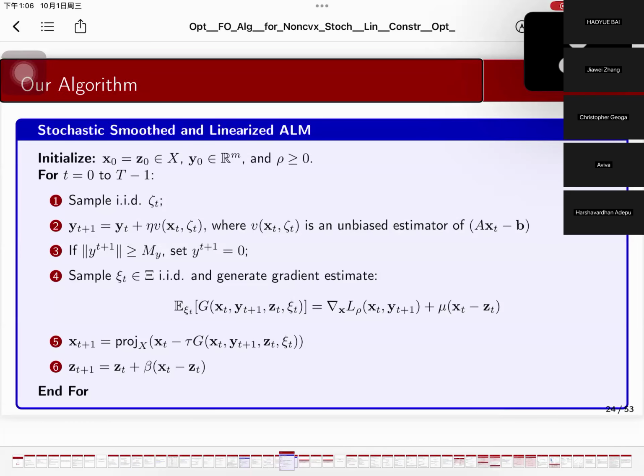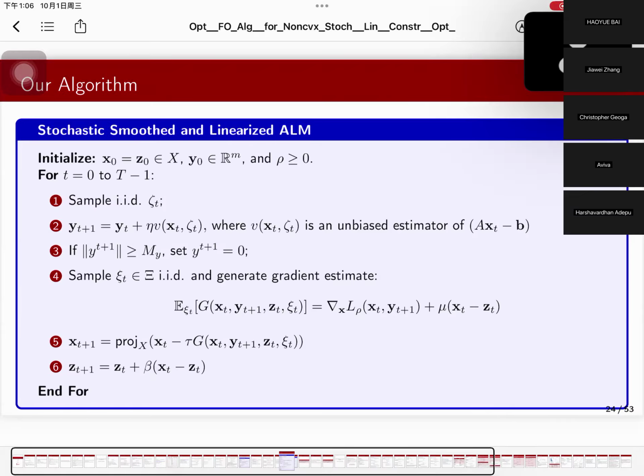So this is the complete algorithm. We just extend the previous algorithm for the deterministic case, but add this restarting scheme. If y is larger than some threshold, we just set it to be 0.